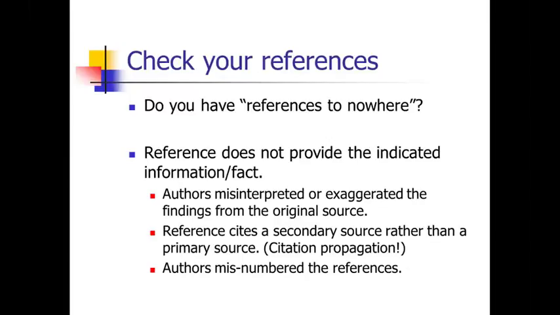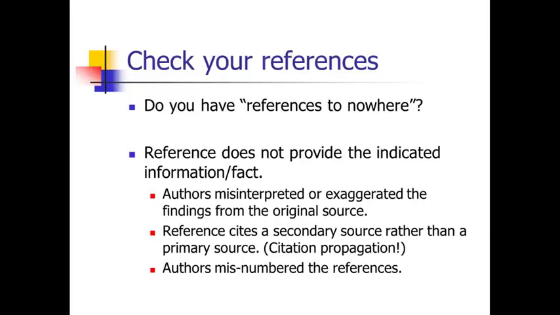So there's a number of reasons this might happen. Oftentimes authors will misinterpret or exaggerate the findings from the original source. If you go back to the original reference, it turns out that they were selective in the information that they chose to cite in their paper, or they're referencing a paper to back up a particular statement, and that statement is not exactly supported by the original reference.